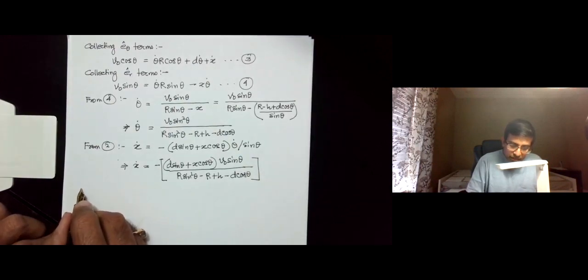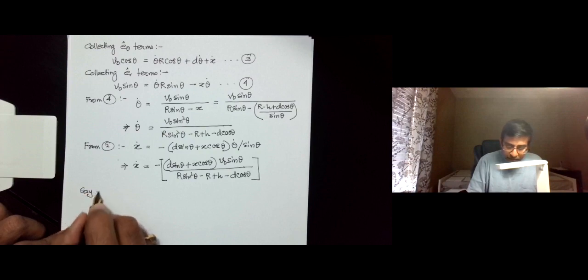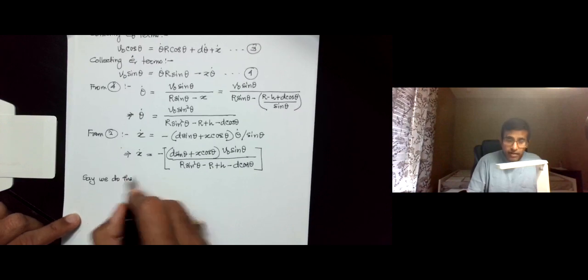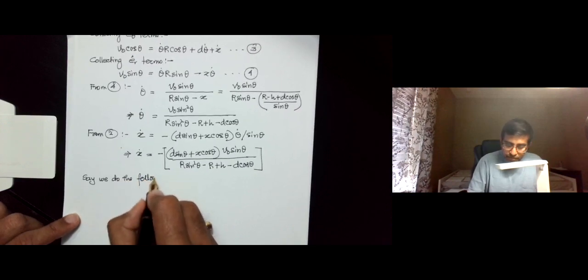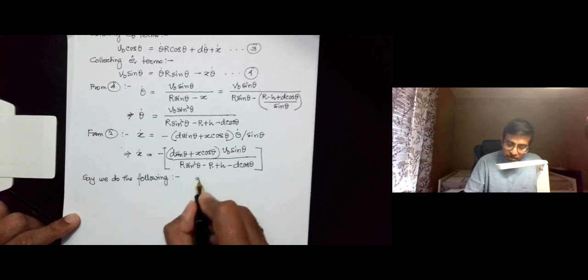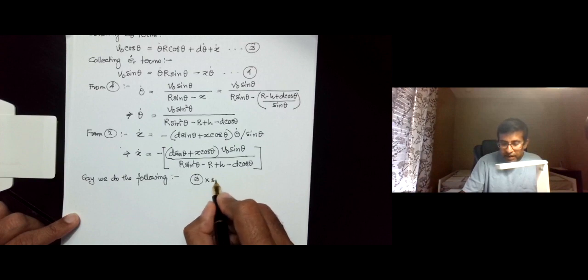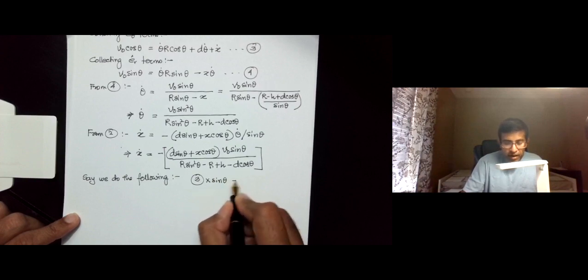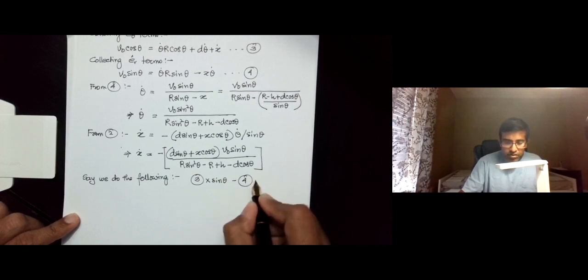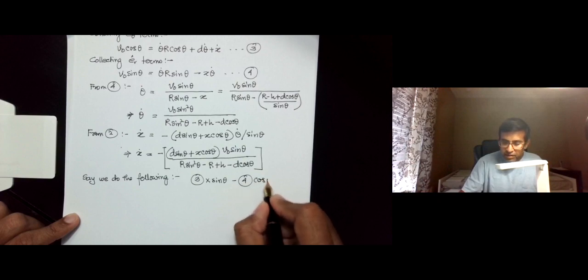Say we do the following. Equation 3 times sine theta minus equation 4 times cosine theta. Say we do this.